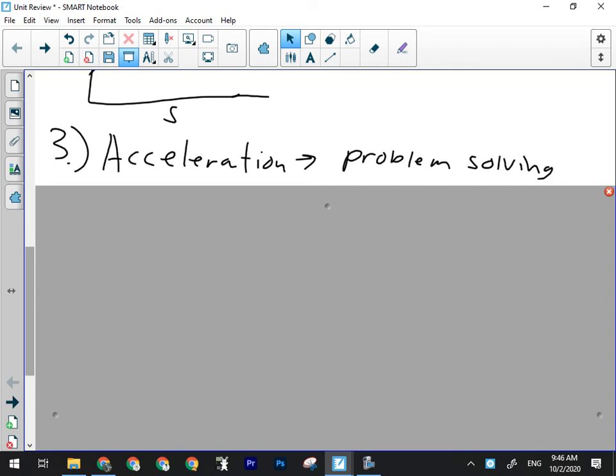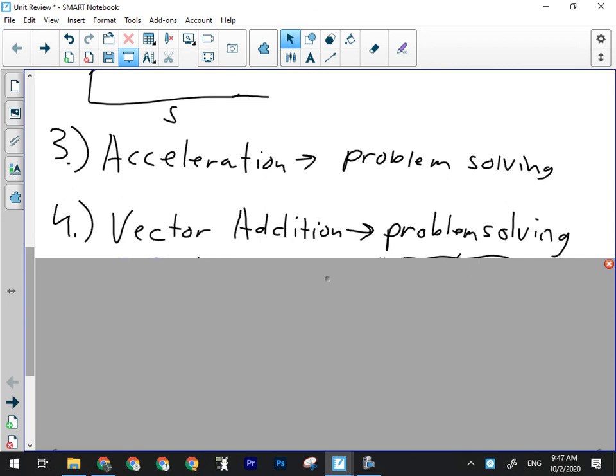It's not accelerating. Things like that. And then there are 2 acceleration problems in the written response. So make sure you can use your acceleration formulas for those. And you'll also have to use your acceleration formulas for projectile motion.